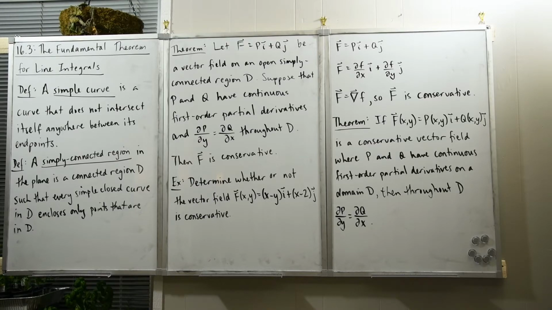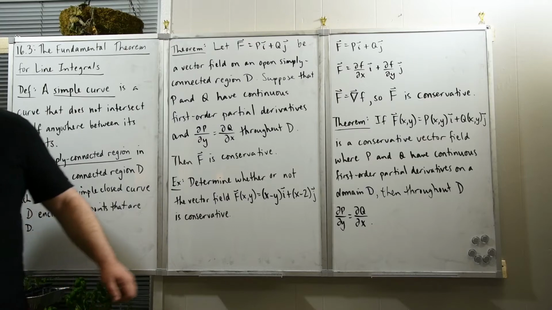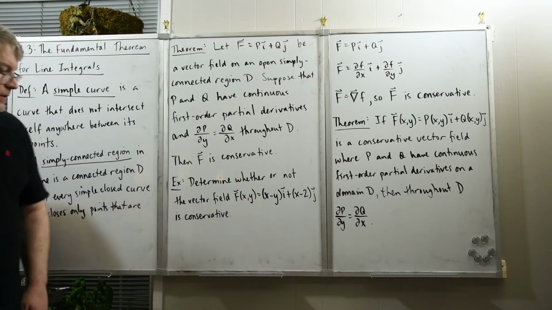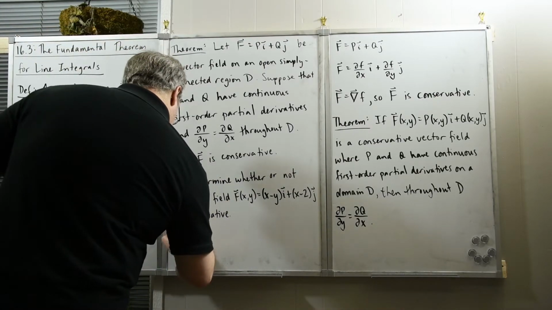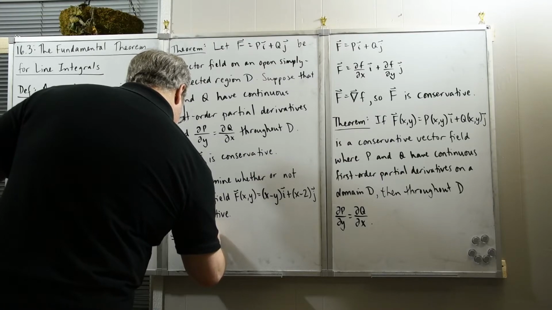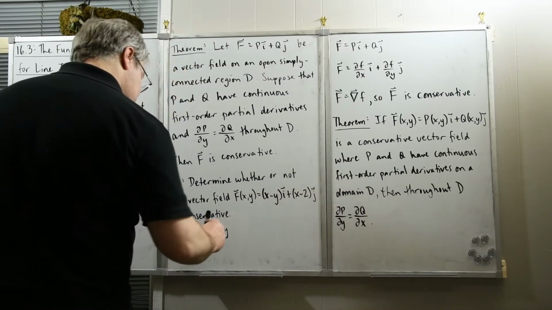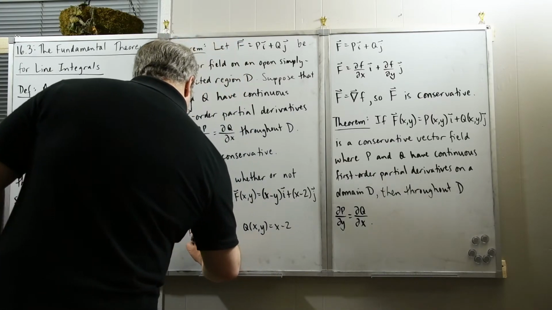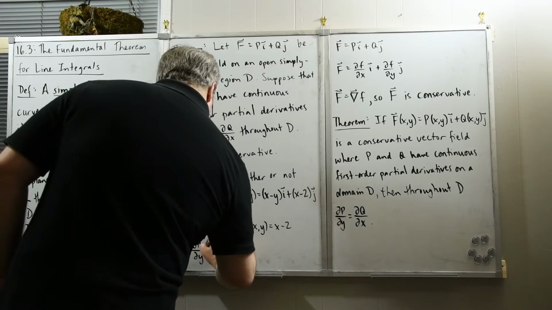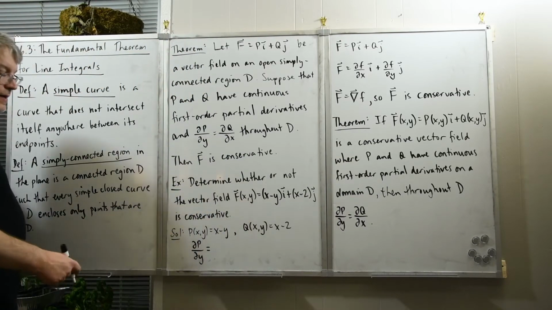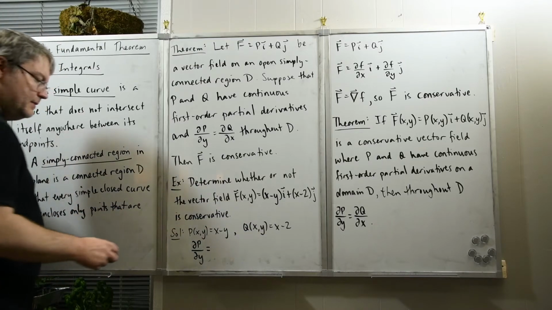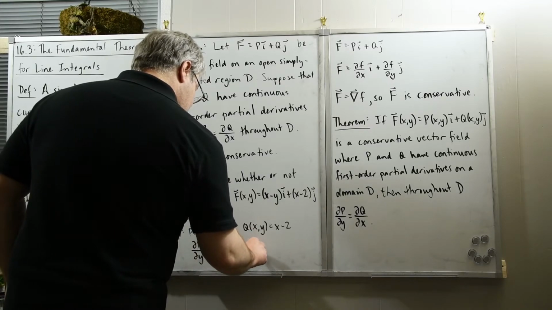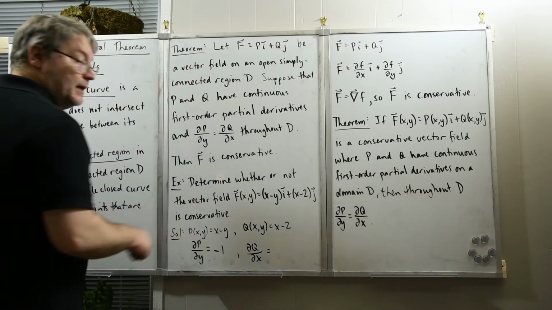Well, what we're going to need to do is recognize that P of x, y is x minus y, and Q of x, y is x minus 2. But when we go to take a look at the partial of P with respect to y, what we're going to get is negative 1. And if we take a look at the partial of Q with respect to x, what we're going to get here is positive 1.